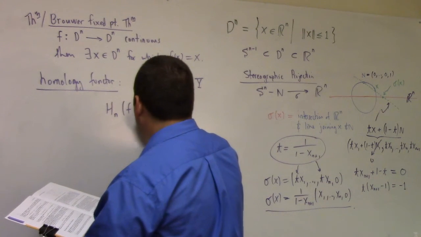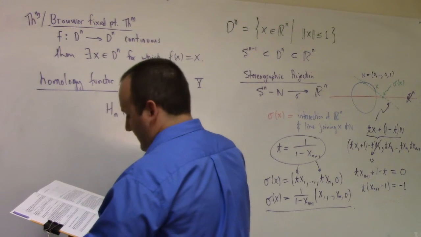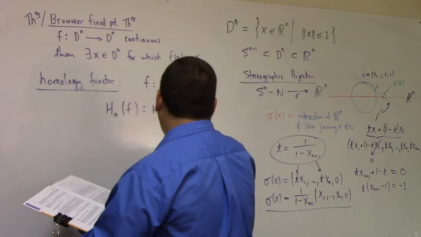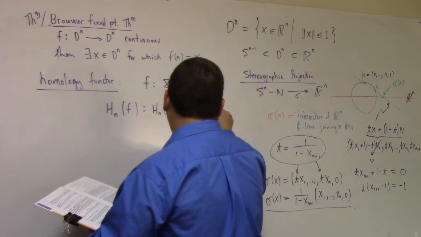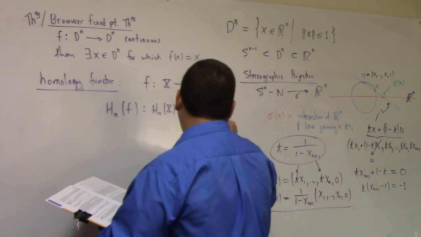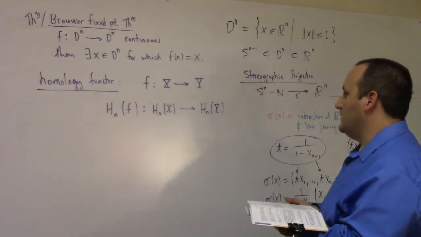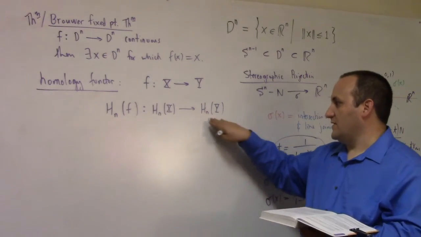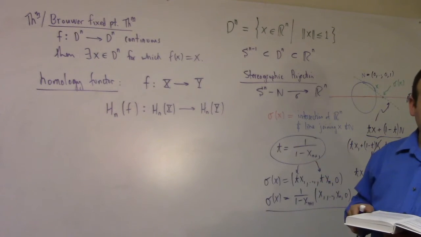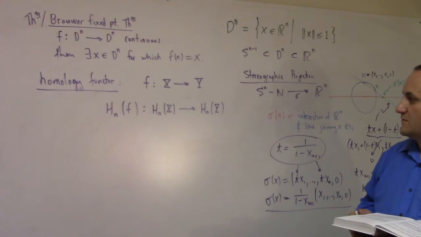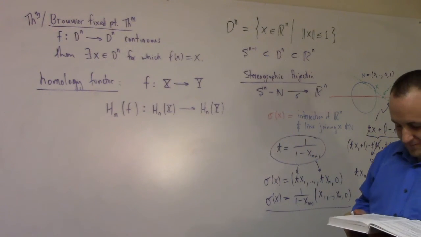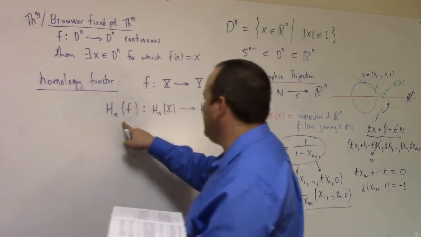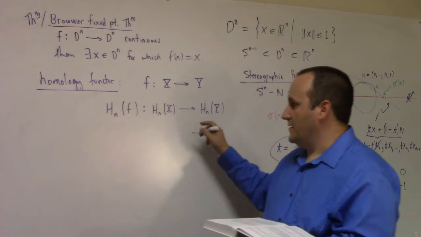Hn of f gives me a mapping from the nth homology of X to the nth homology of Y. So the homology functor induces maps on these algebraic objects, these homology groups, on the basis of a continuous function. And more than that, it also respects composition in the following way. So this is a homomorphism.